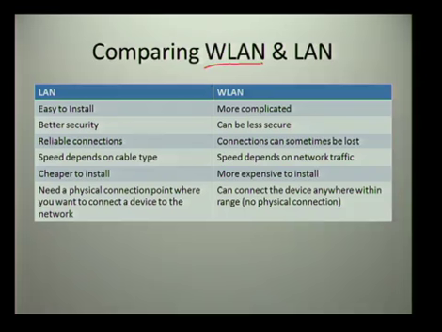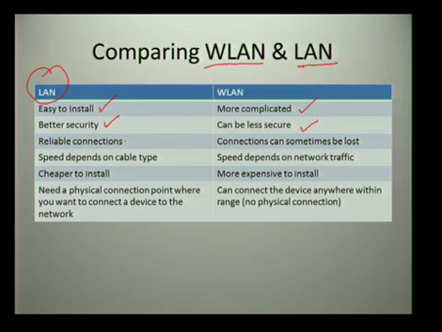So let's go and compare a wireless local area network and a local area network. Let's look at the LAN first. It's easy to install, whereas the wireless LAN is slightly more complicated. You have better security on a wired LAN than you have on a wireless LAN.